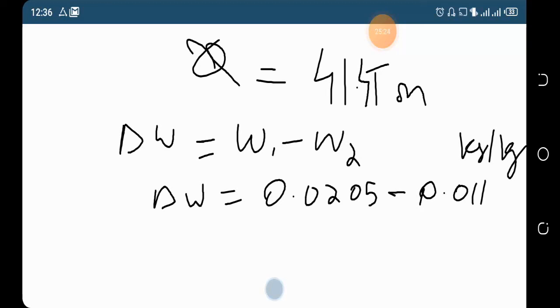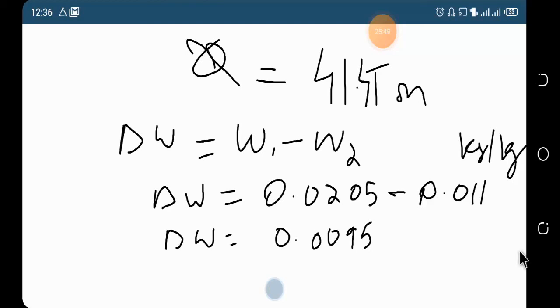So we get 0.0095 kg of moisture divided by kg of dry air.